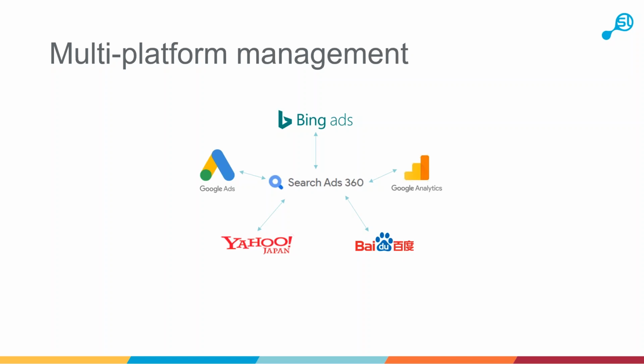Search Ads also deduplicates conversions when a customer interacts with multiple platforms before converting. So for example, if someone starts on Bing and ends on Google, Search Ads will deduplicate that conversion. Something else is just the overall efficiency as a practitioner. It's really great to have all the engines in one place, and it helps with, as I said, reporting and just overall management.